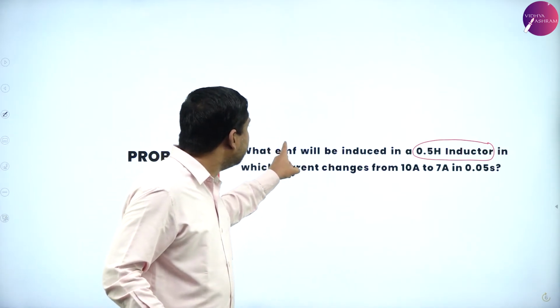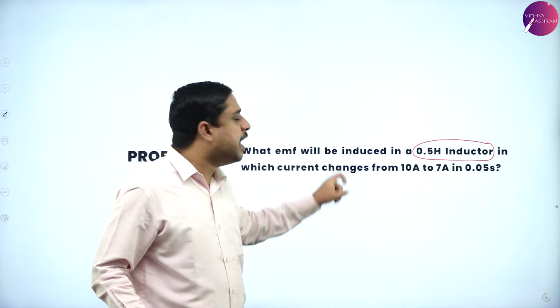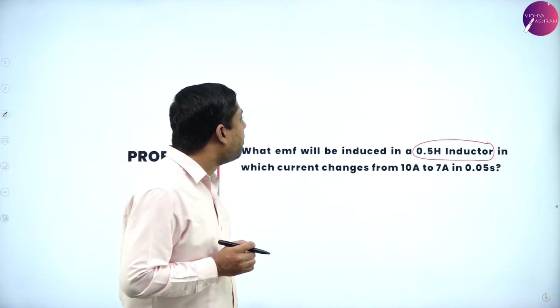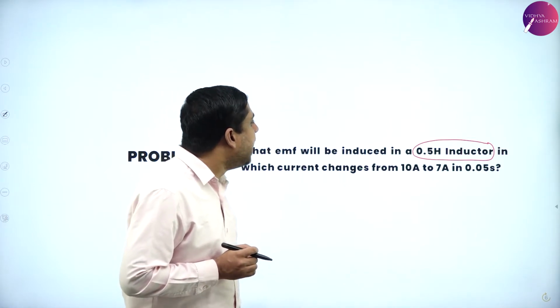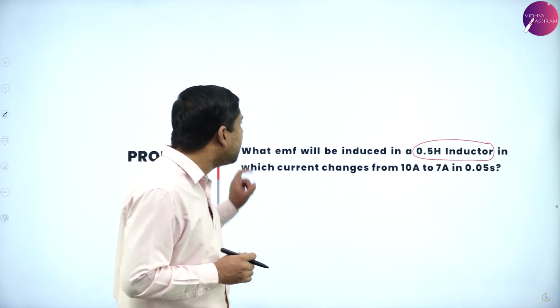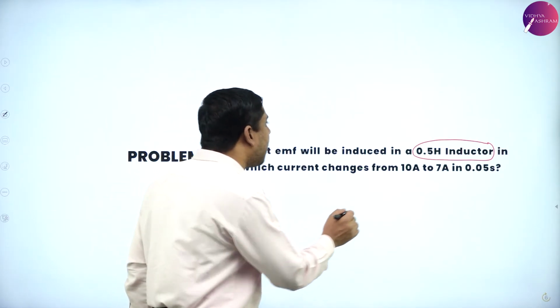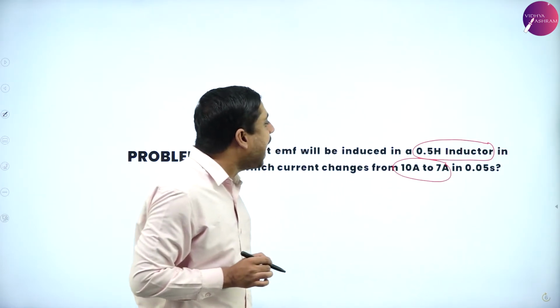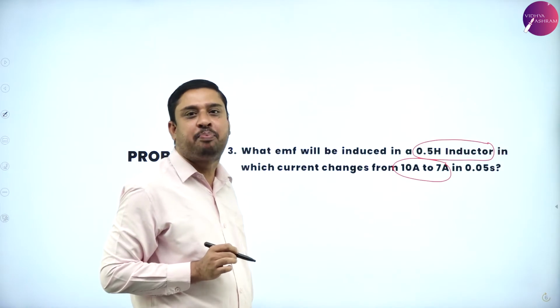What EMF will be induced in a 0.5 Henry inductor in which current changes from 10 ampere to 7 ampere.